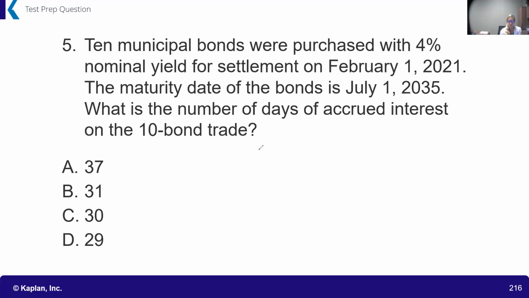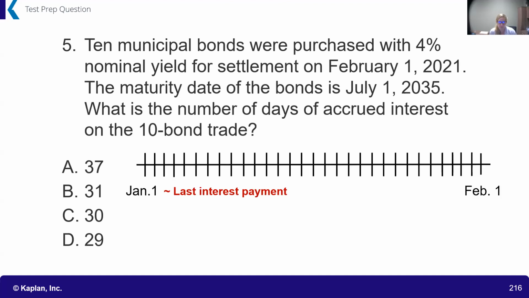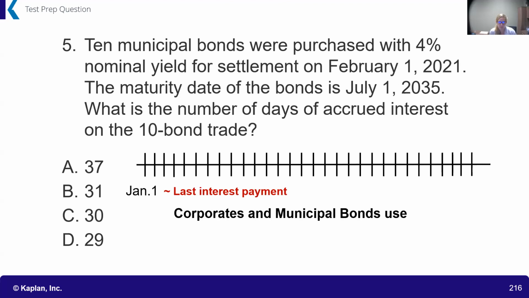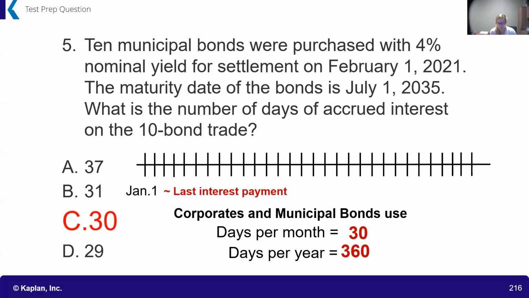So that first month, if you're going to use what I call the long method, you'd say my first month is going to be 16 or 30. In this question, the last time it paid interest was January 1st, and January 1st was for up to, but not including, January 1st. So that means up to, but not including, February 1st, and so that means 30 days.